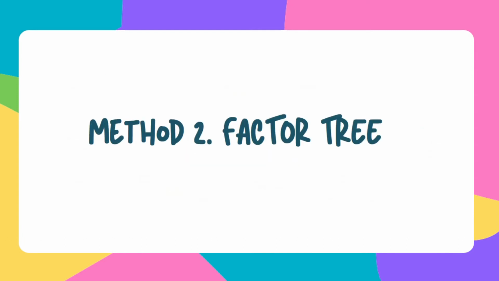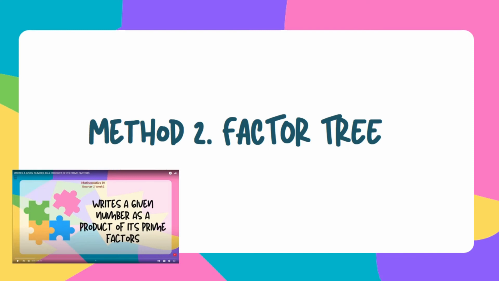Last time, we have already solved for the prime factors of 24 and 36 using factor tree and continuous division. For those who have not watched it yet, kindly use the link that I provided below and watch it first before continuing with this lesson.